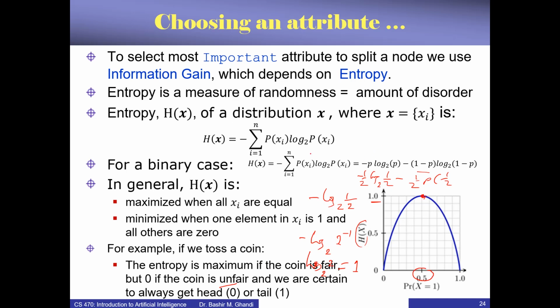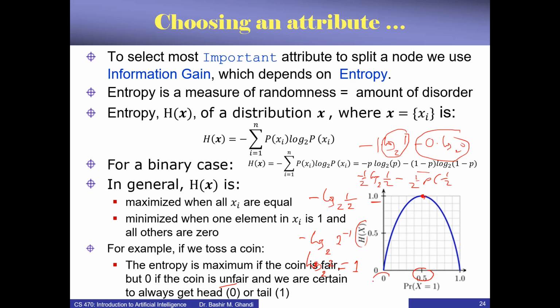So you can see that if you apply the formula, we will have minus 1, because that's the probability of head, times log to base 2 of 1, minus 0 times log to base 2 of 0. Anyway, this is going to be 0, but the first term is also 0 because log of 1 to base 2 is 0. So eventually what we end up with is 0.